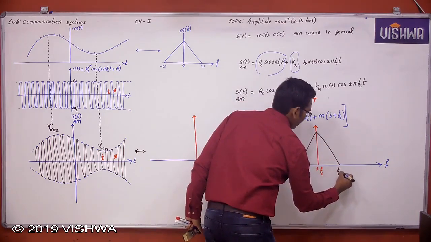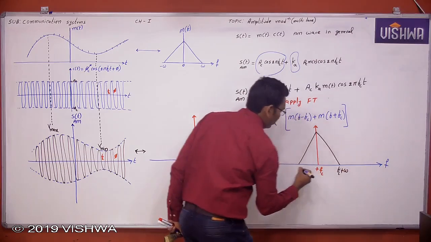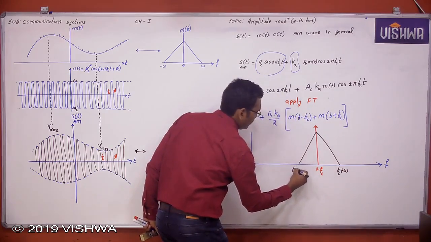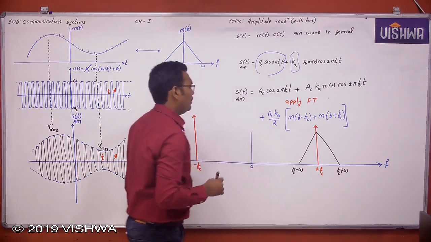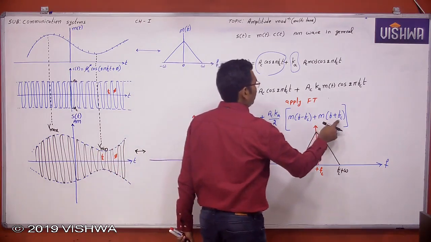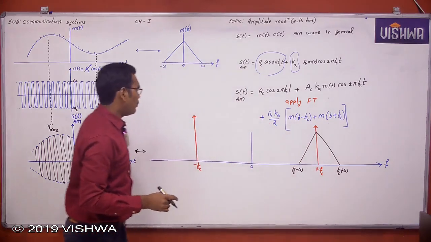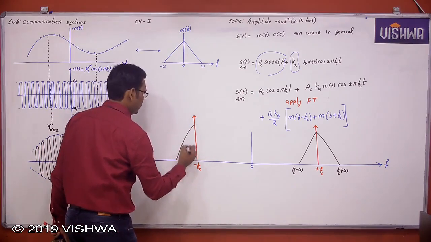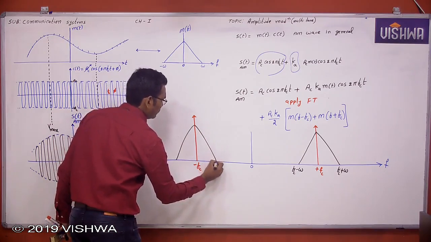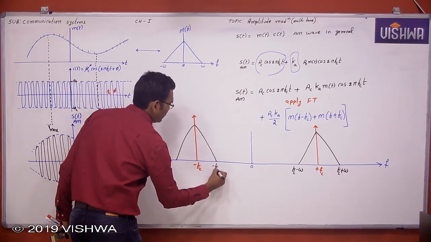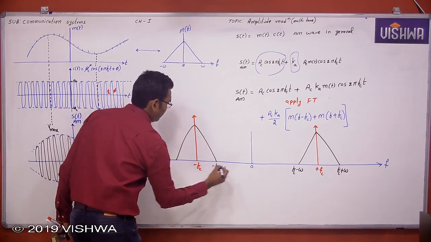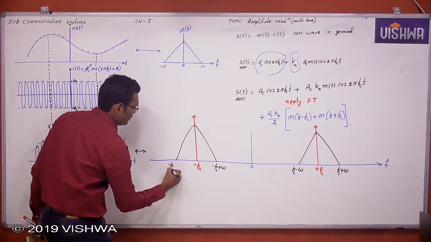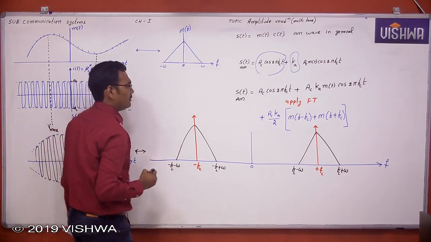Now this is Fc plus omega, and this is Fc minus omega. Now m of f plus Fc: f plus Fc equal to 0 gives f equal to minus Fc. Minus Fc plus omega, minus Fc minus omega.